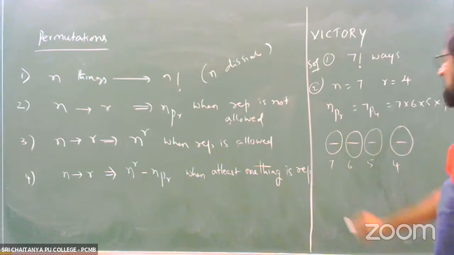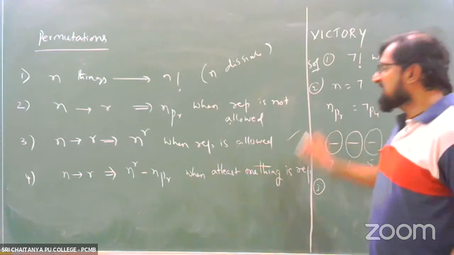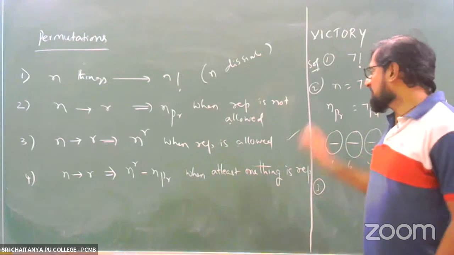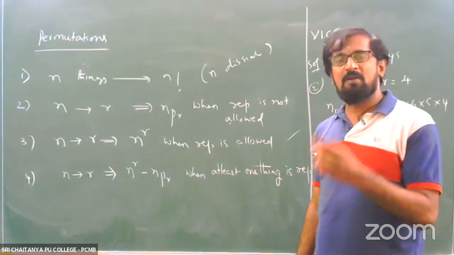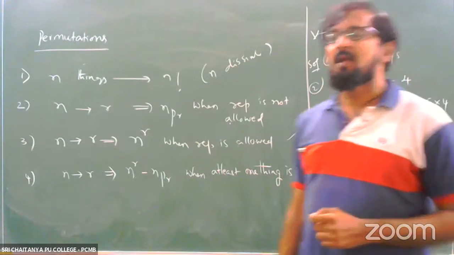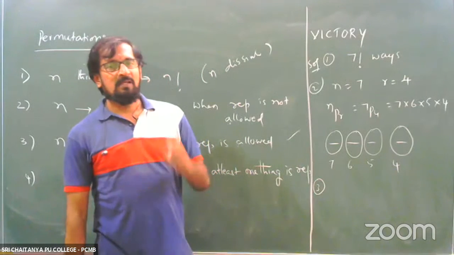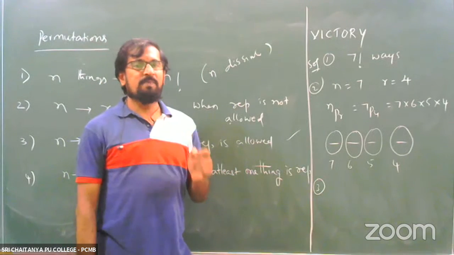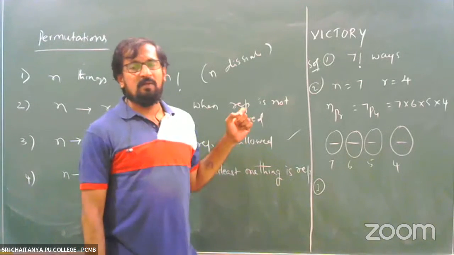Okay. Now the third one. When repetition is allowed, the same question. In how many ways can a 4-letter word be formed by using the letters of the word victory? I repeat the question. In how many ways can a 4-letter word be arranged by using all the letters of the word victory?